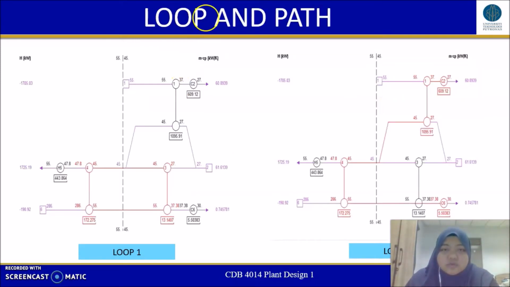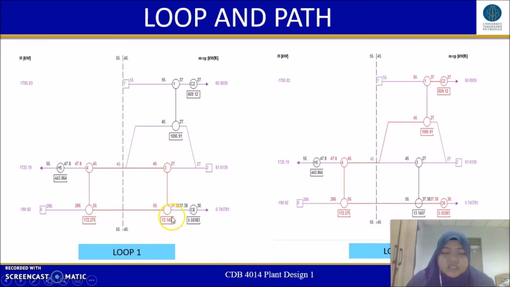So this is the loop and path, which is a method to do the optimization. This is the path and loop that we found in the heat exchanger network, and both are being used. For example, on loop 1, this is the loop where the smallest duty is at this exchanger, number 3, with 13.1407.